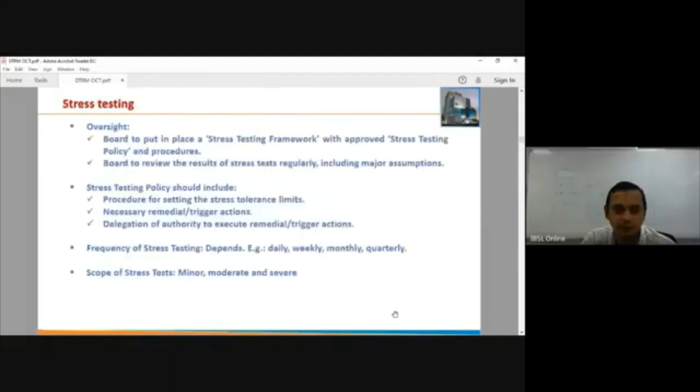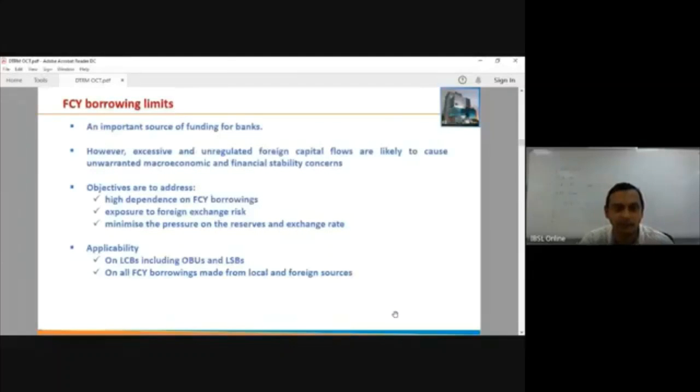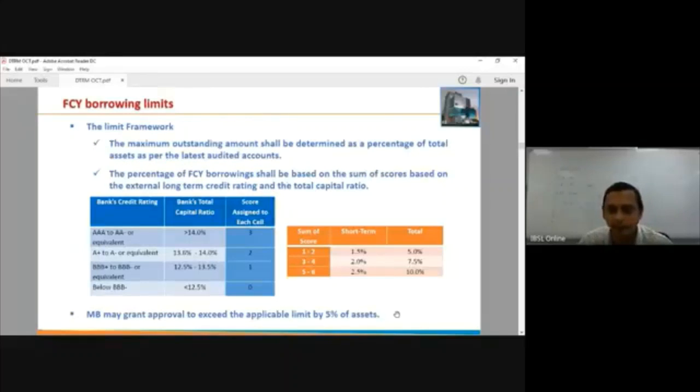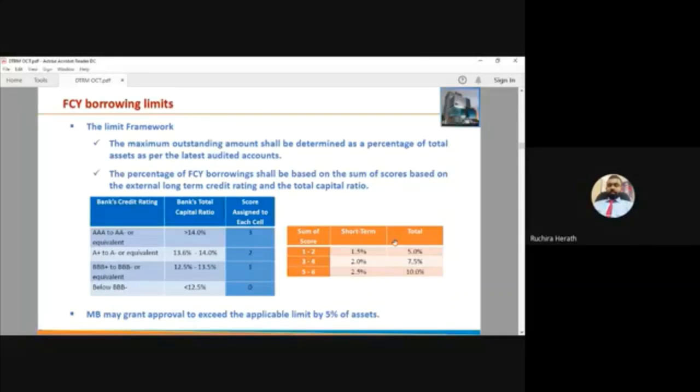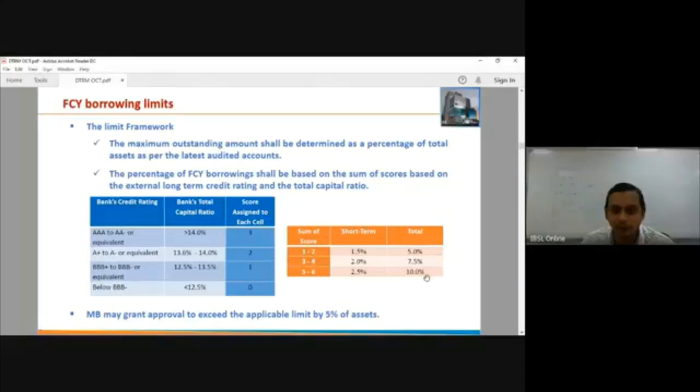This is the regulation, the foreign currency borrowing limit. This is in your handout. I covered that in my first class, and this is the short-term limit and the total borrowing limit. This is for foreign currency borrowing by a bank. Borrowing by a bank, there is no limit.